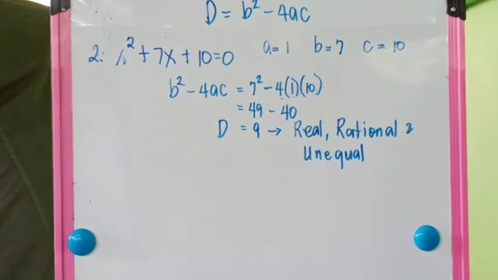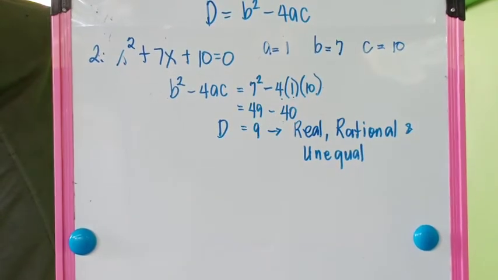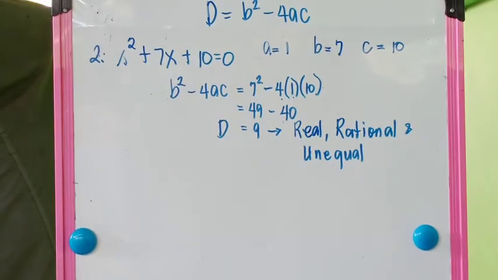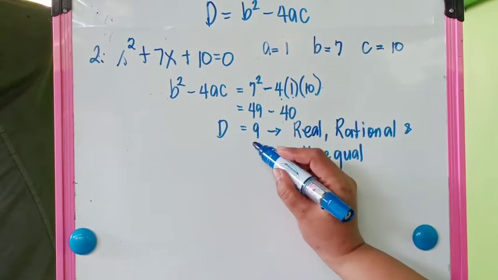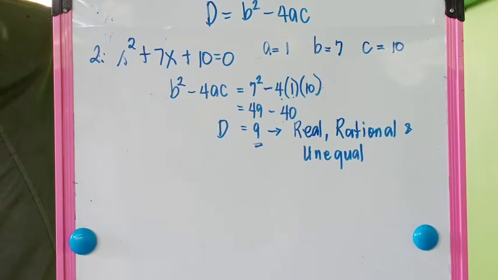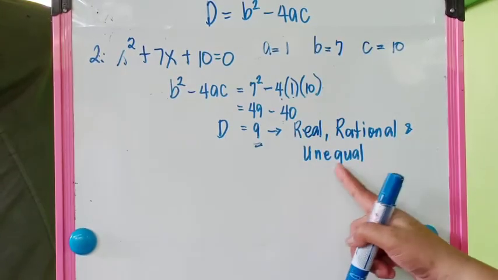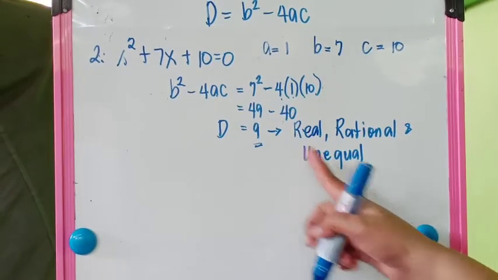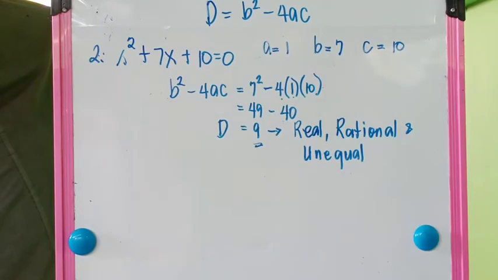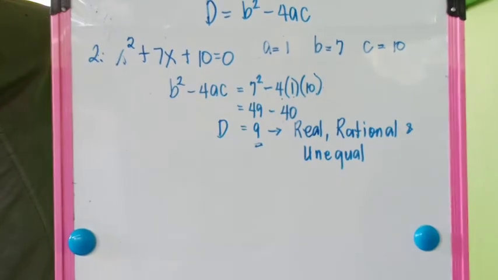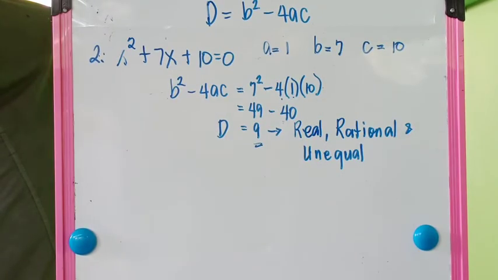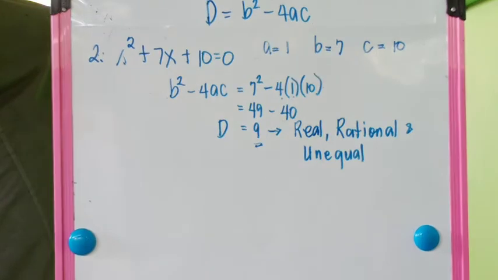So, tulad nung ginawa natin kanina, pwede nyong i-solve ito or pwede nyong i-check kung totoo nga na kapag ang discriminant ay perfect square, ang nature of the roots ay real, rational, and unequal by solving this equation. By, syempre, any of the methods.